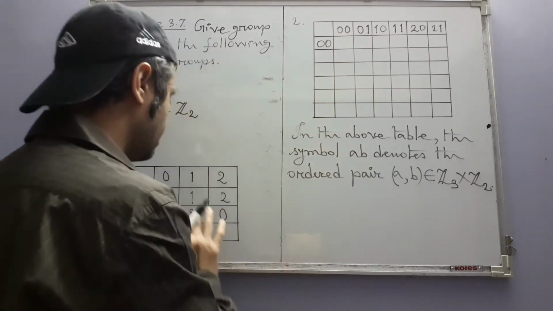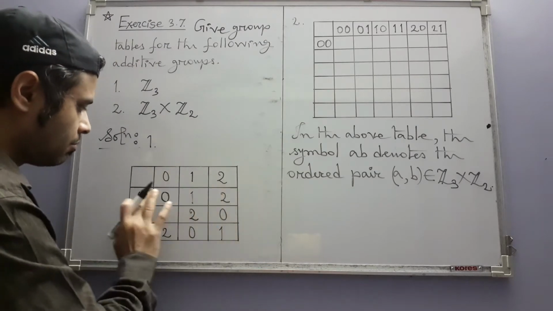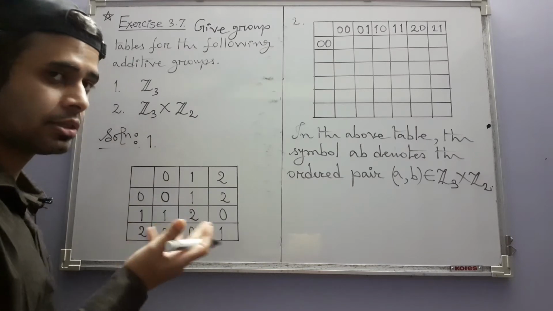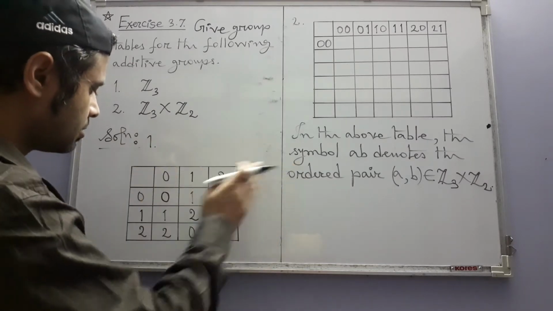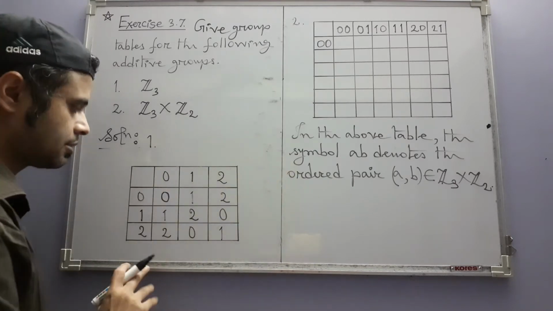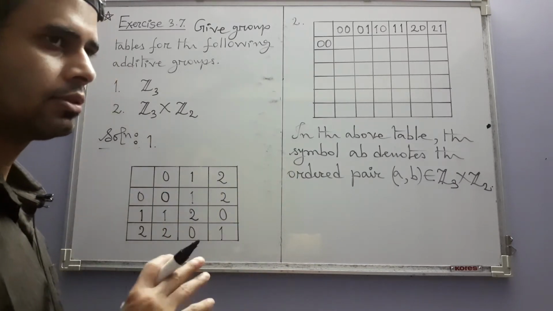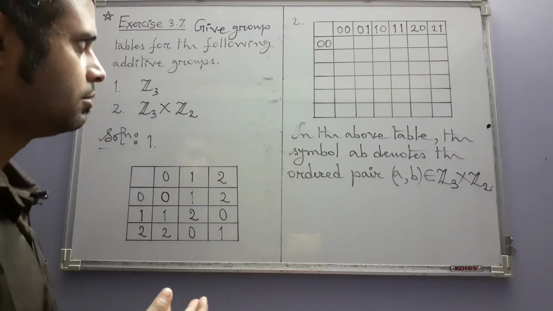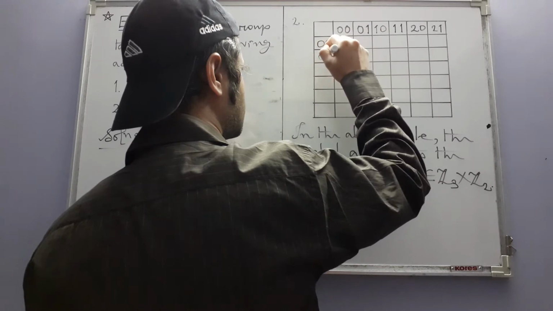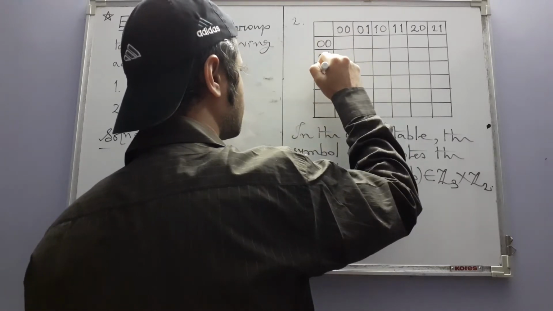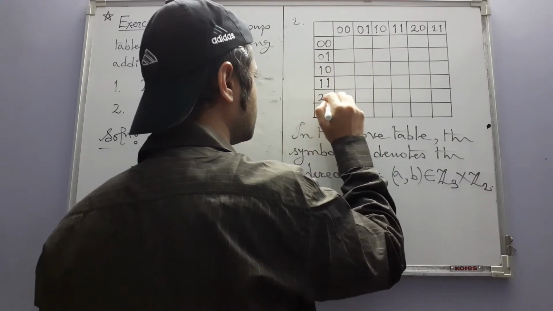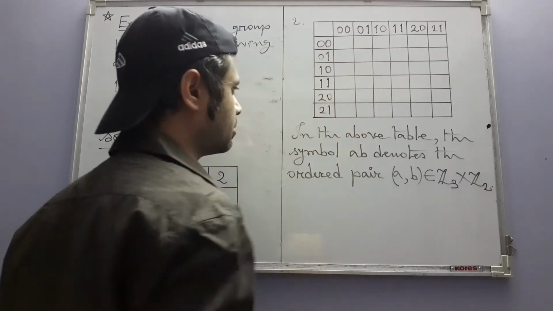It's not necessary that you should maintain this same order along the columns as the order in which you have written the rows. That is not necessary, but it is just for the sake of symmetry we write like that. So 00, then comes 01, 10, 11, 20, 21.